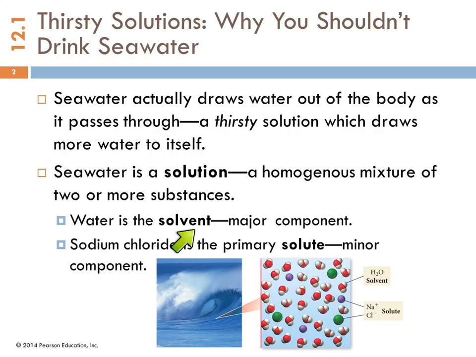The solvent is always the thing that there's more of. And usually that's liquid, but not always. The solute is the stuff that's dissolved in the solvent. So in seawater, it's mostly water, and then it's got sodium chloride ions floating around, distributed uniformly. So that's what a solution is.